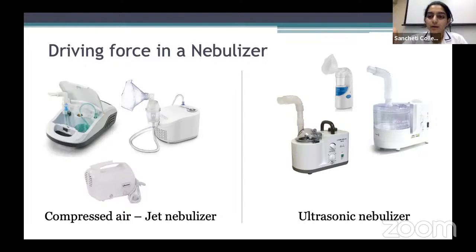The fluid or the liquid which is to be nebulized is in contact with the vibrating crystal. Those vibrations generate ultrasound, and the ultrasonic waves then pick up on the water or on the medication, create the aerosol, which then gets delivered to the patient. So these are two basic forms of nebulizer systems. The commonest used is the jet nebulizer. So I'm going to go a bit more in detail of how exactly this works.